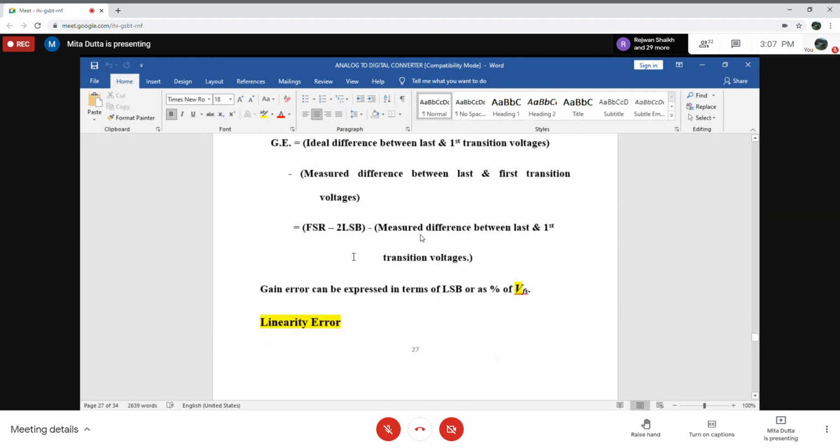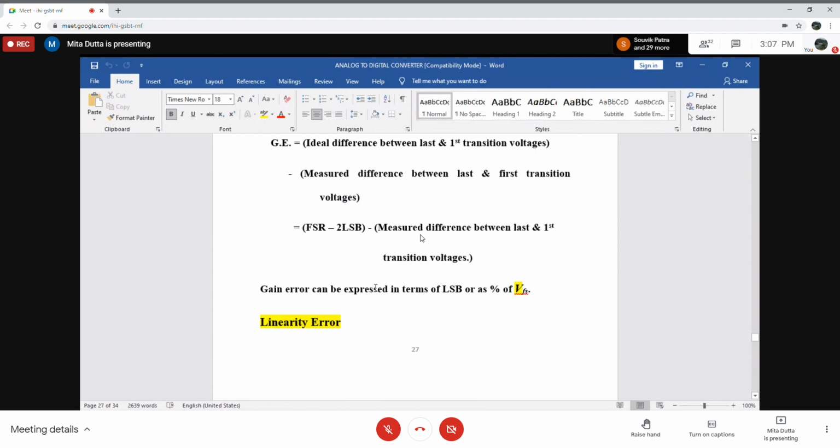Since it depends upon VFS, it will be expressed either in terms of LSB or percentage of VFS. What we have seen earlier is that N will be Vn by Vref, or VFS, or FSR.